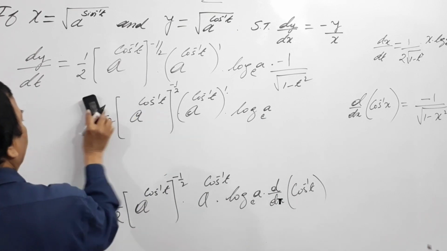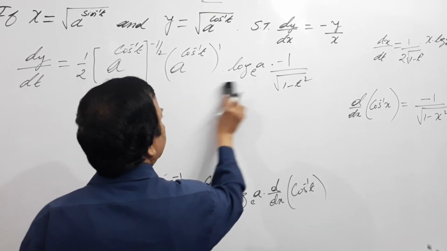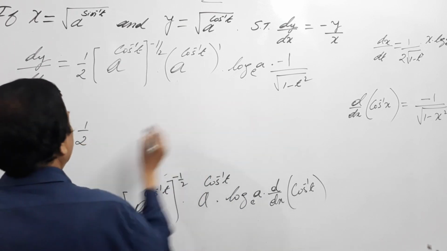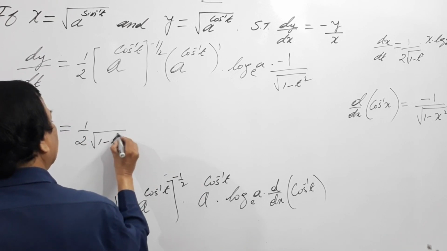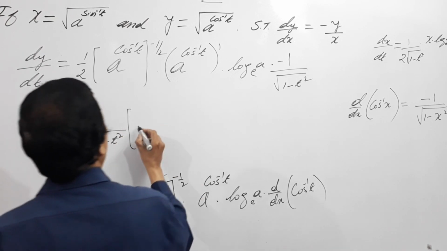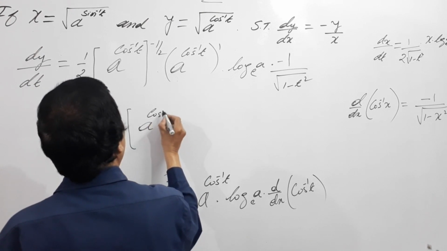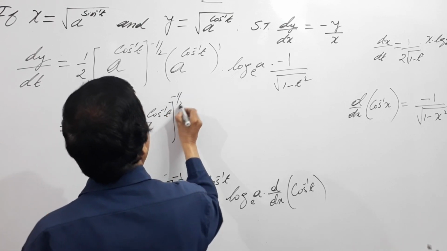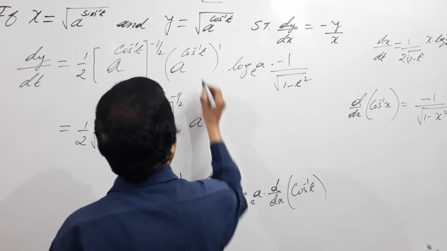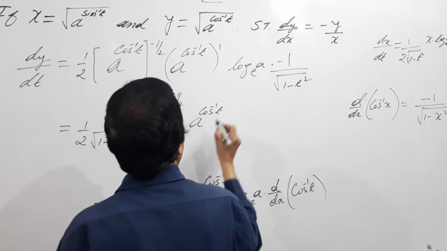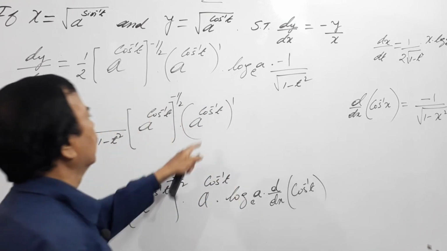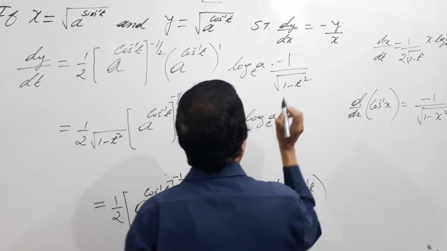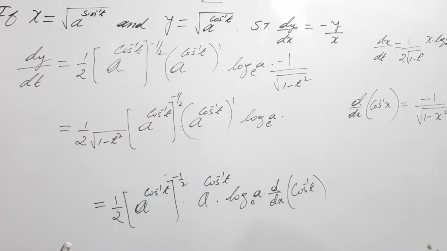So I'll write it a little below, you'll get confused. So what I'll do is, this is half, I'll bring the t square here, 1 minus t square. This is a to the power of cos inverse t to the power of minus half into a to the power of cos inverse t. I'll write it within 1. So I'll write this log a to base e.